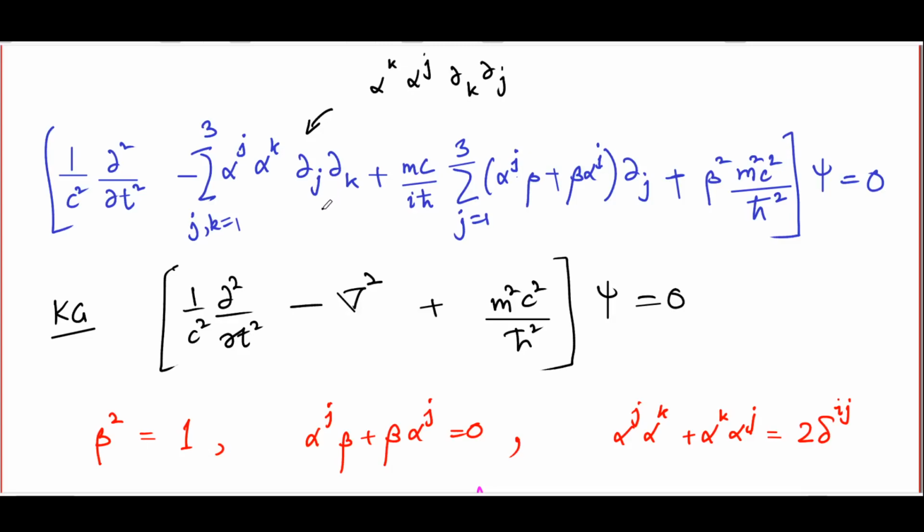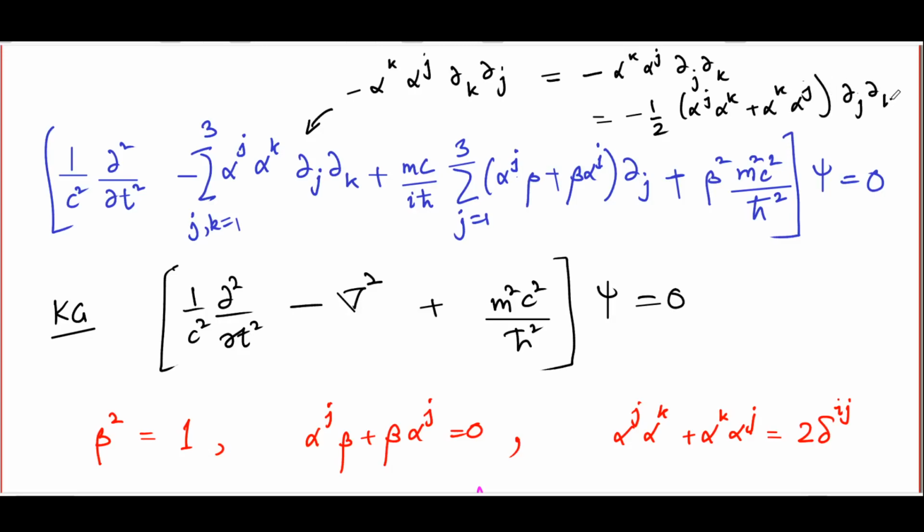I've switched j and k with each other, but note that since ∂_k ∂_j is the same as ∂_j ∂_k, of course there's a minus sign in front, this is minus α_k α_j ∂_j ∂_k as well, or equal to minus half (α_j α_k plus α_k α_j) ∂_j ∂_k.